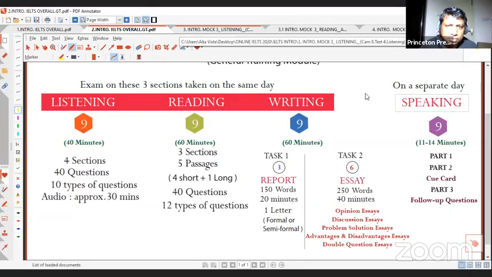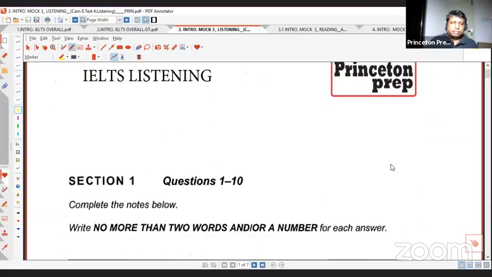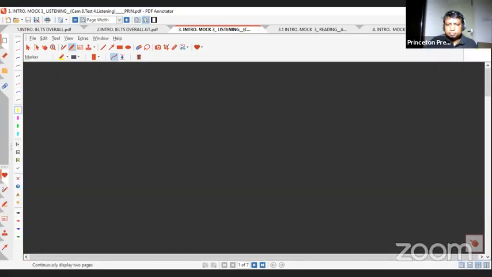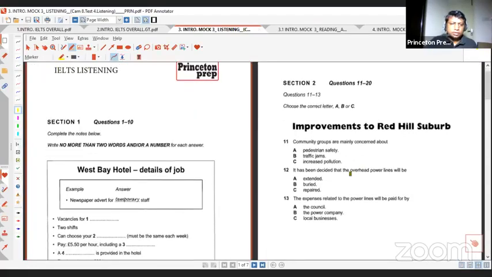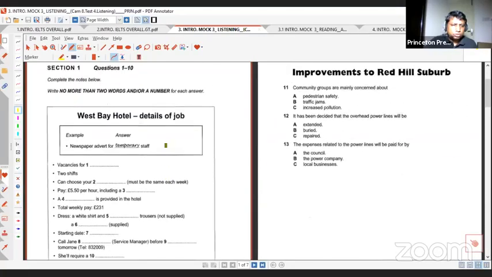Okay. So let's move on and see what the listening test looks like. This is a sample of a listening test. This is part 1, and this is the easiest one. I think it's easier than the second part.